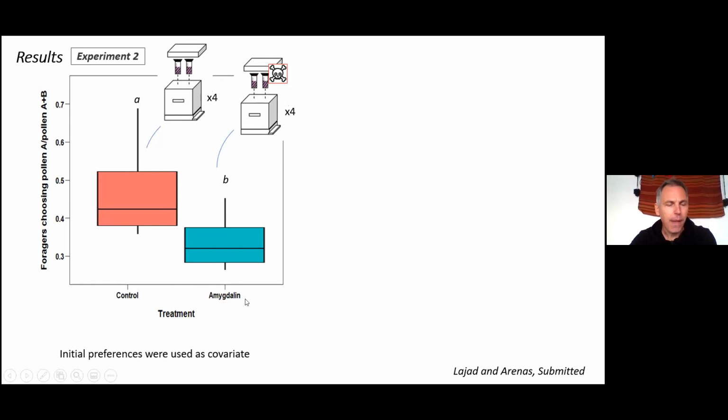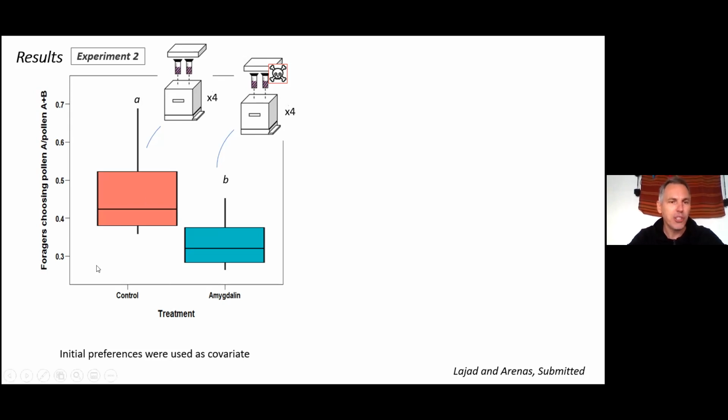It's worth mentioning that the initial preferences we measured at the beginning of the experiment were introduced into the statistical model as a covariate, in order to account for qualitative differences between preferences of different colonies.